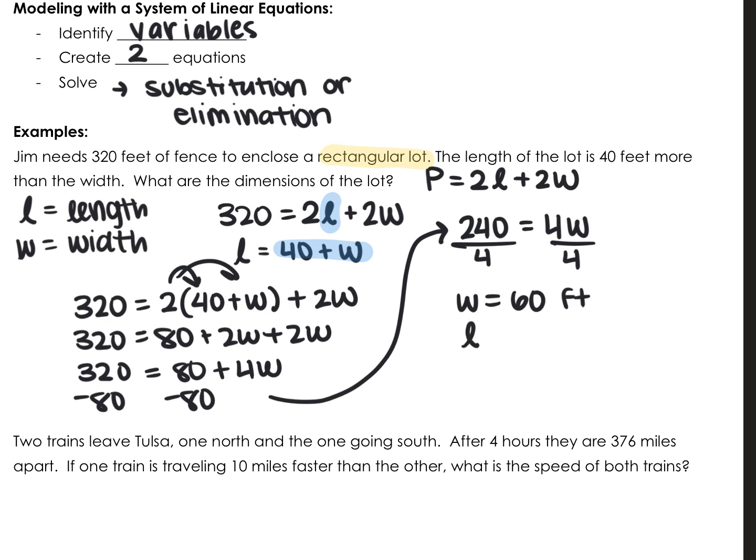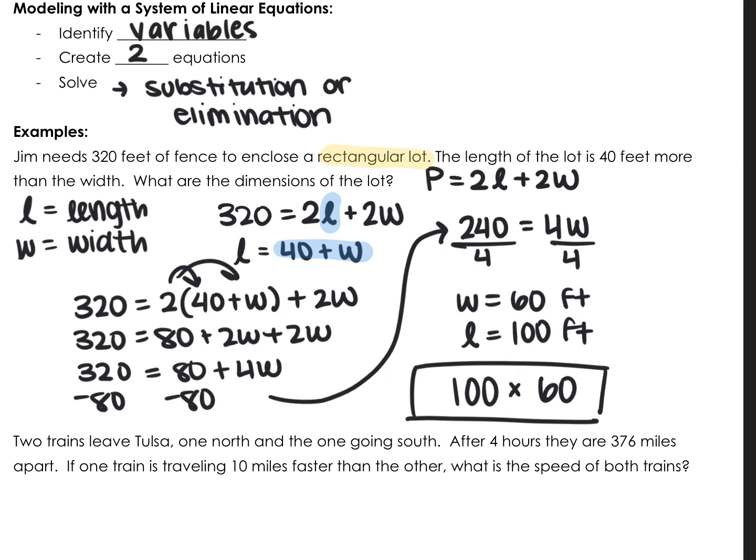So that tells me my length, which is 40 feet more, is going to be 100 feet. So my dimensions are 100 by 60. And I can always double check this by plugging it into the formula for perimeter.